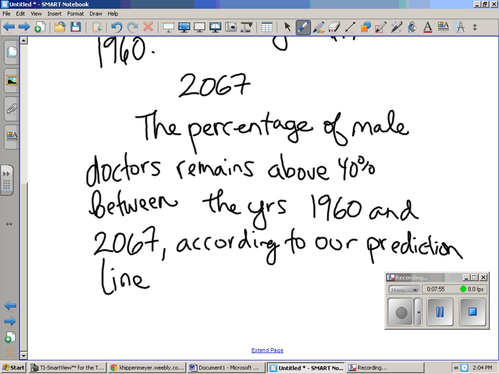And you could probably change this to will remain because it hasn't happened yet. So the percentage of male doctors will remain above 40% between the years 1960 and 2067 according to our prediction line.